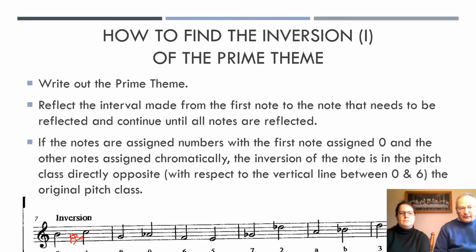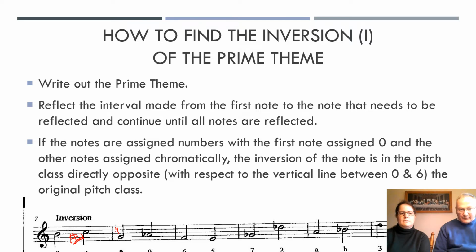So an A sharp is a minor second below B, so its inversion is a minor second above B, which is C. Likewise, the third note was an E flat, or enharmonically a D sharp.